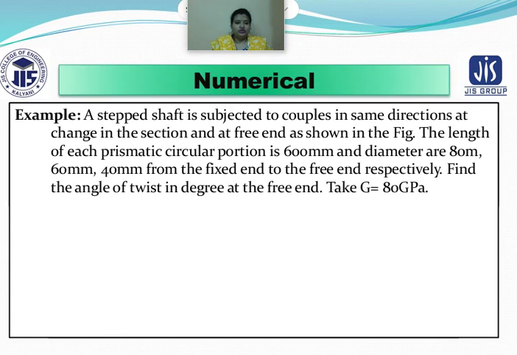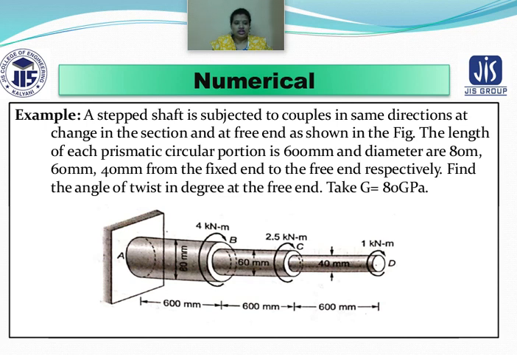Now let's have a look at the numerical. In this numerical, a stepped shaft is subjected to couples in the same direction at a change in section and at the free end, as shown in the figure. The length of each prismatic circular portion is 600 mm, and the diameters are 80 mm, 60 mm and 40 mm respectively from the fixed end to the free end.